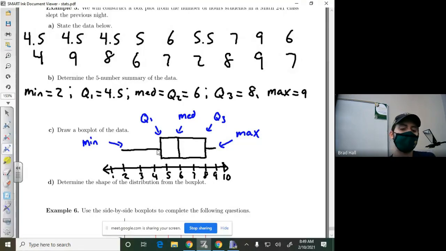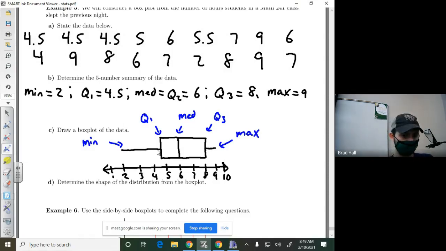And so we want to determine the shape. This visualization, just like with frequency distribution graphs, helps us to determine the shape of the distribution.